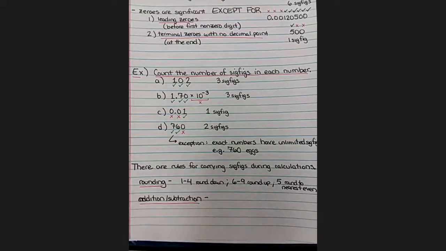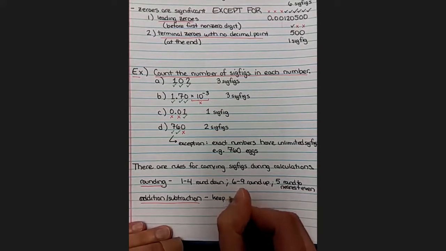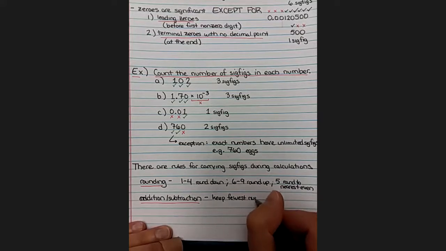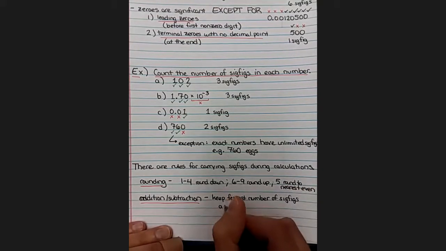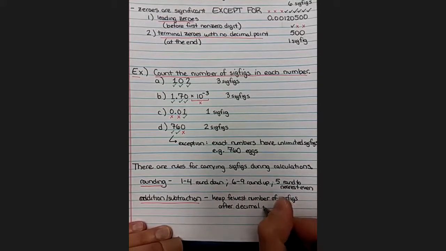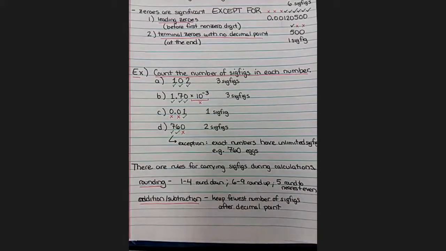Okay, when you are adding numbers together, you are going to keep the fewest number of significant figures after the decimal point. And that has to do with how we line numbers up when we're adding them together.